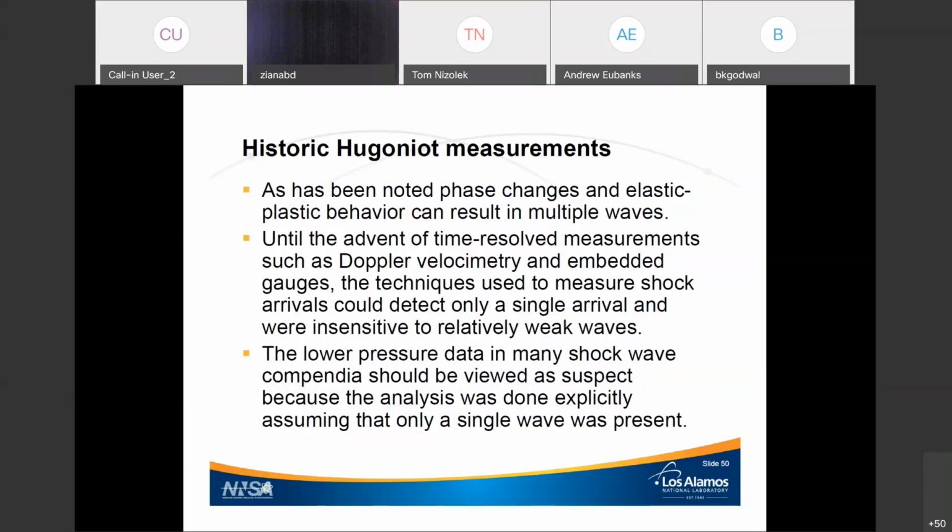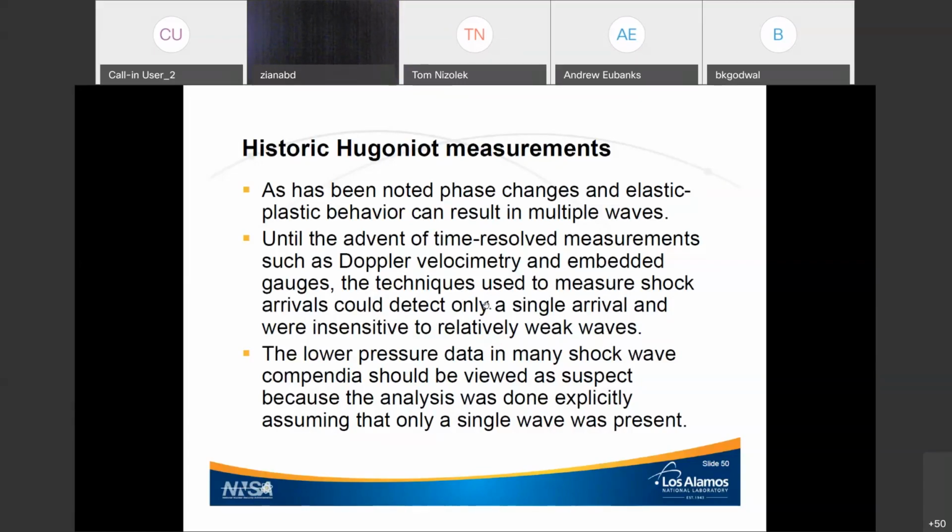If the plastic shock wave is running slower than the sound speed in the material, there will be an elastic wave in front. However, a lot of the early instrumental techniques could, A, only detect a single wave arrival, and B, couldn't detect relatively weak waves. And most elastic waves are relatively weak.